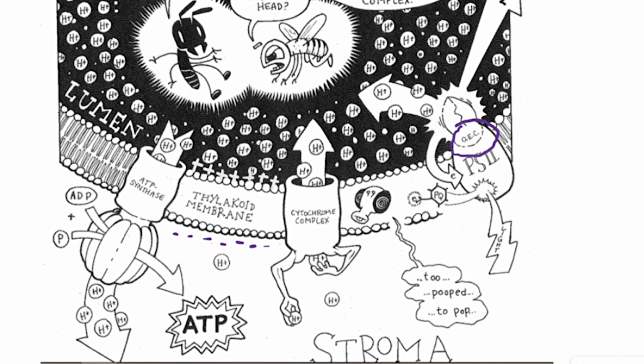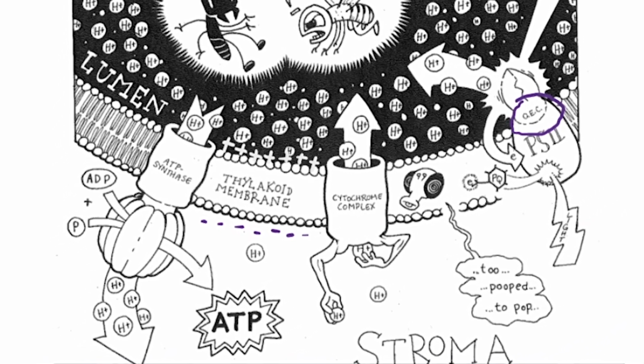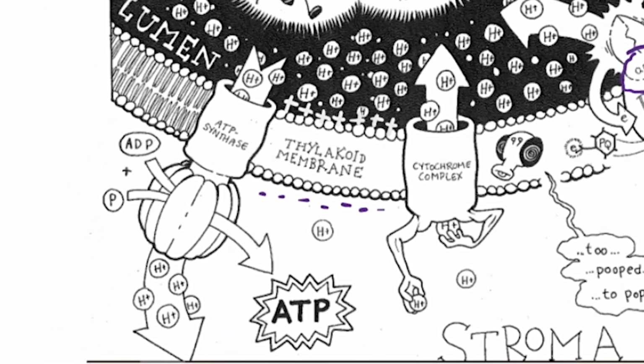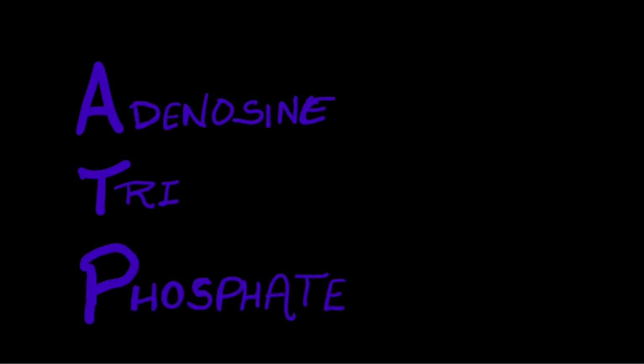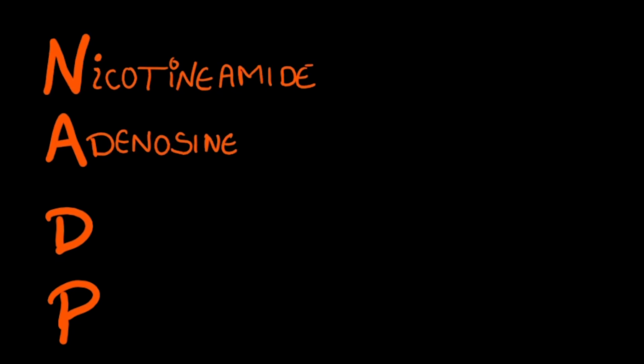This is the only pathway from where the protons can exit. Protons will exit through this, and during their exit, they help in the formation of ATP. If you notice carefully, it is happening in the stroma. So, now our goal to generate ATP, adenosine triphosphate, and NADPH, or energy, is completed.